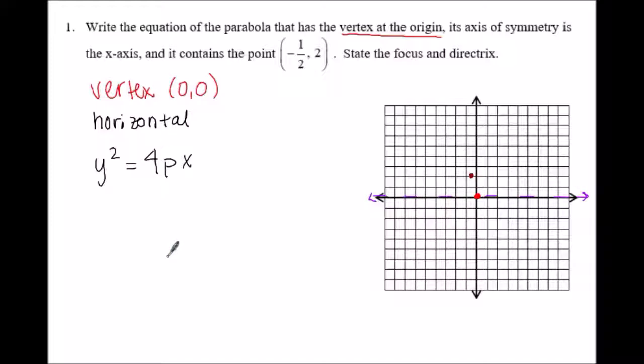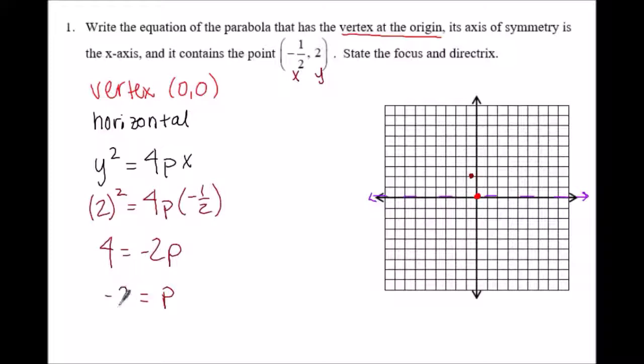Since we are given this point, we can plug these values in for x and y, which gives us 2² = 4 times p times -1/2. When you do the algebra, you end up with p is -2.